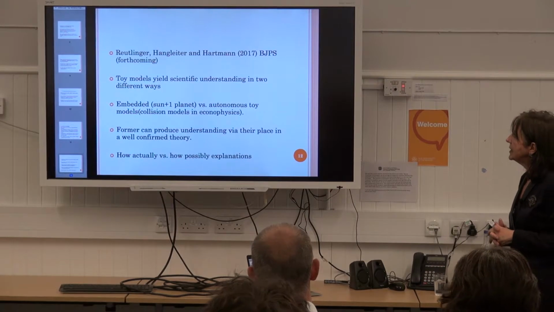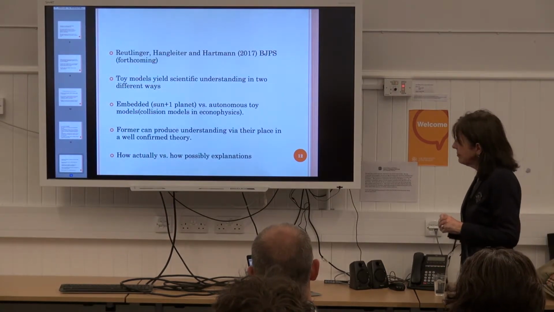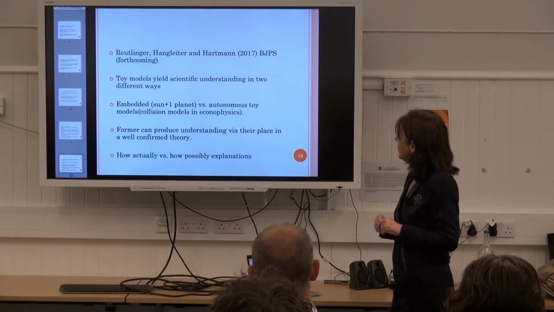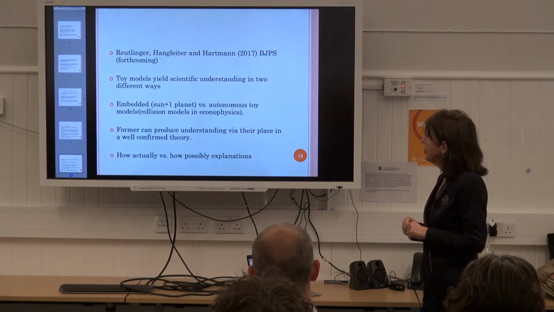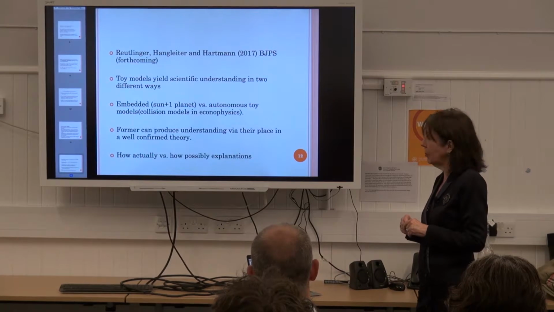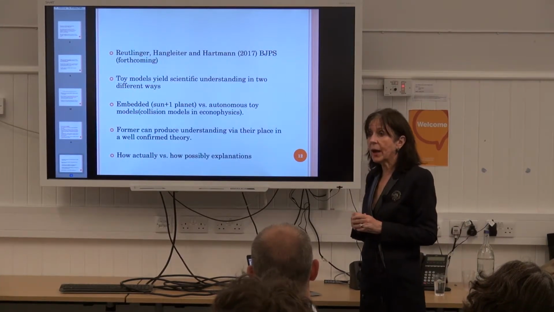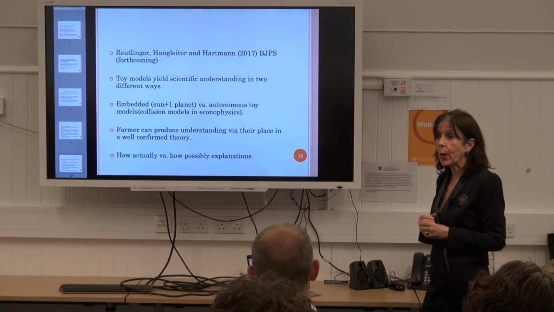And Alex Reutlinger and Stefan Hartmann and Hangleiter have also a new paper coming out in BJPS on toy models. And they want to claim that toy models lead to understanding in two ways.